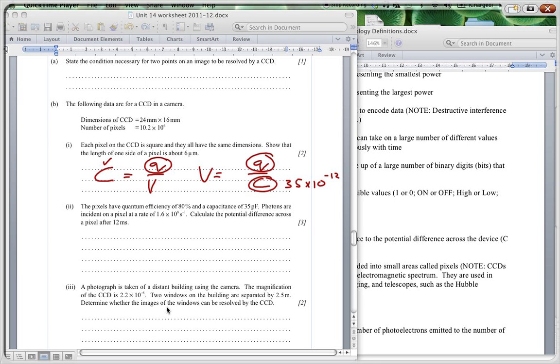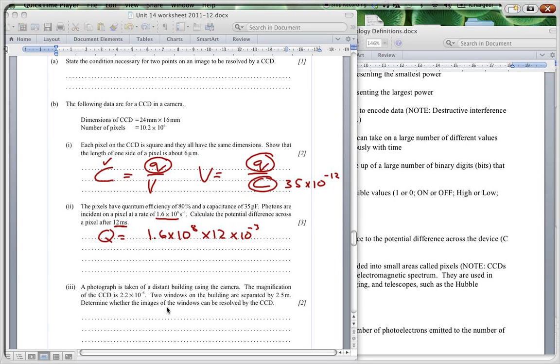Now we know that we have 1.6 times 10 to the 8 photons per second. But we only are for 12 milliseconds. So I must multiply that by 12 times 10 to the negative 3 seconds.